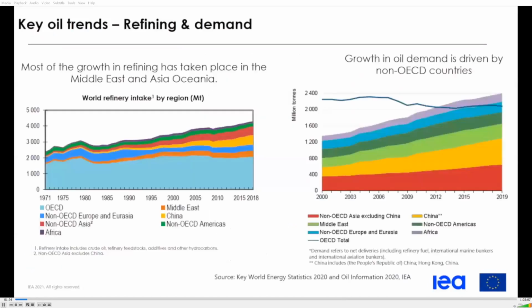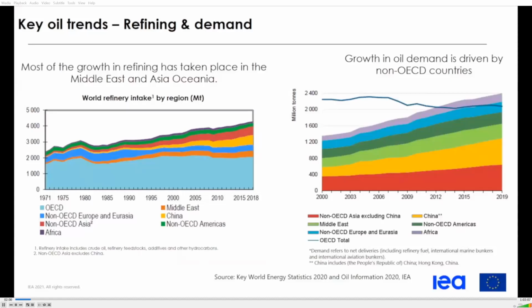So if we have a look now at the world refinery intakes, we can see that although OECD refinery intakes stayed more or less stable over time, we have an important growth of refinery activities in several non-OECD regions, such as China, Asia, Middle East.